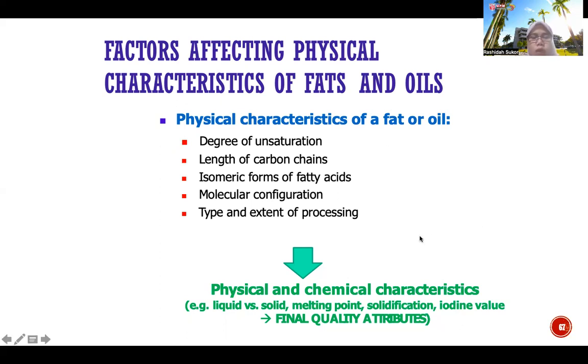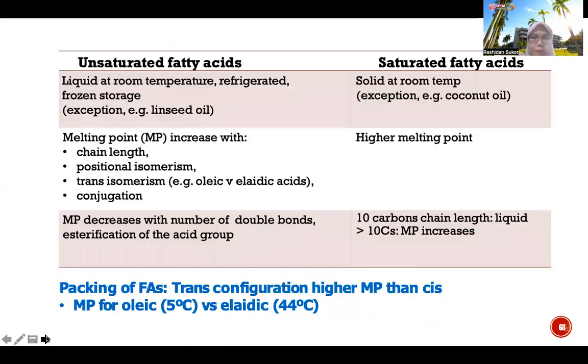These all will affect the physical and chemical characteristics of the lipids, for example liquid versus solid, the melting point, solidification, iodine value, that contribute to the final quality attributes.